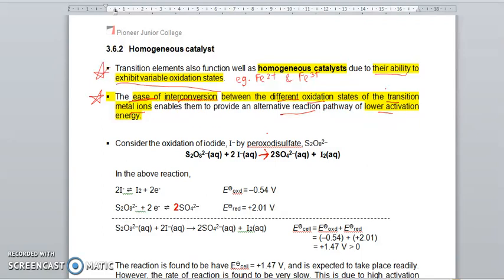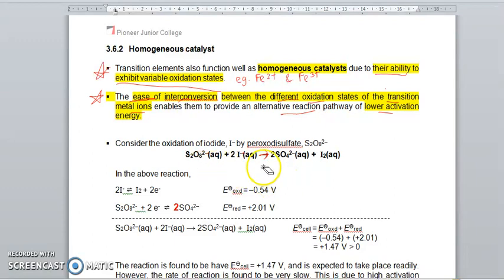If you look at both the reactants, they are both negatively charged. Since they are negatively charged, they will repel each other, correct? Therefore, they will not want to react together. You need to supply a lot of energy to force them to react.